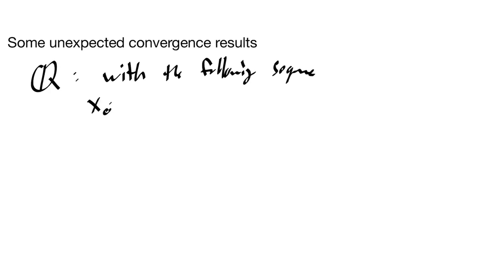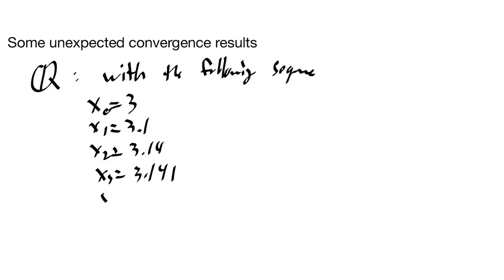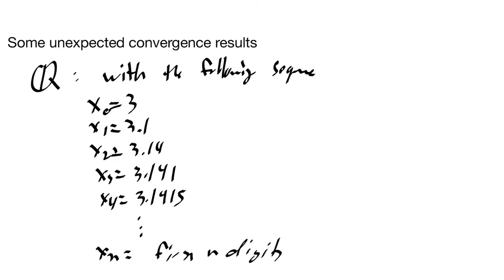We'll let x0 equal 3, x1 equal 3.1, x2 equal 3.14, x3 equal 3.141, x4 equal 3.1415, etcetera. What I'm going to do is that xn is the first n digits of pi.